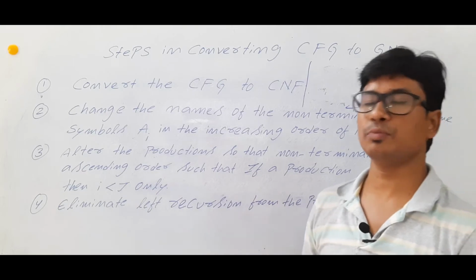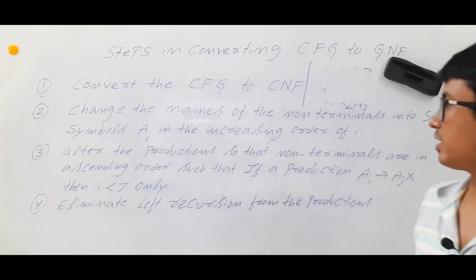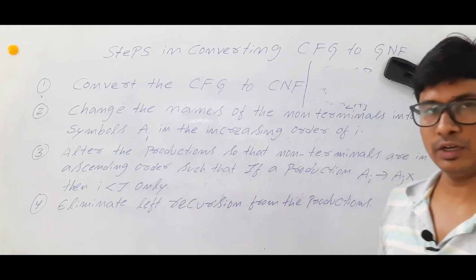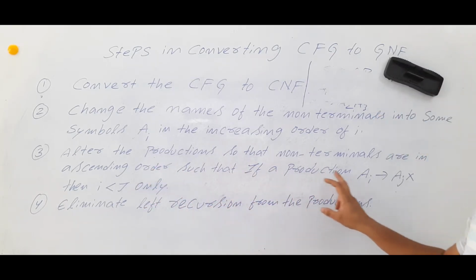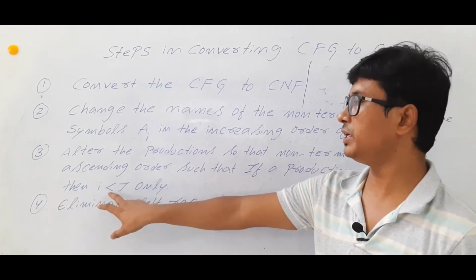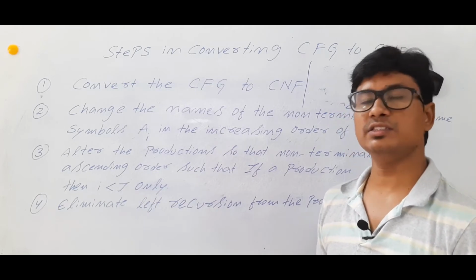Now, we will discuss step 3. Alter the productions so that the non-terminals are in ascending order, such that if a production is Ai determines Aj X, then i should be less than j only.